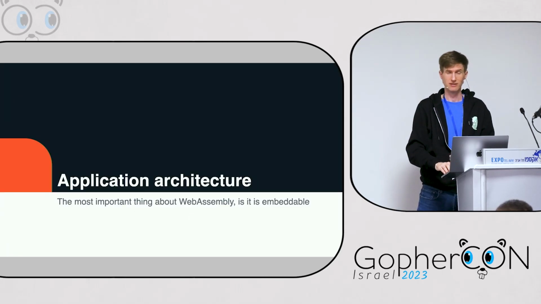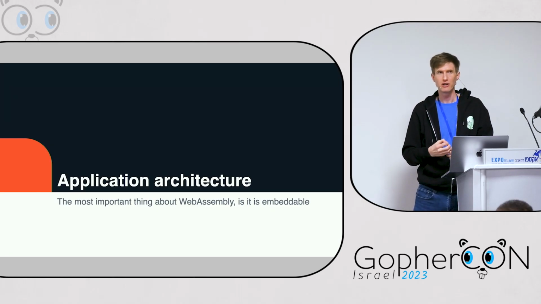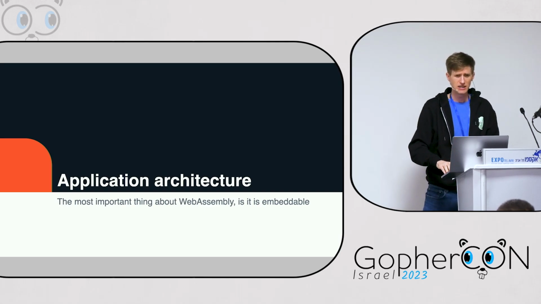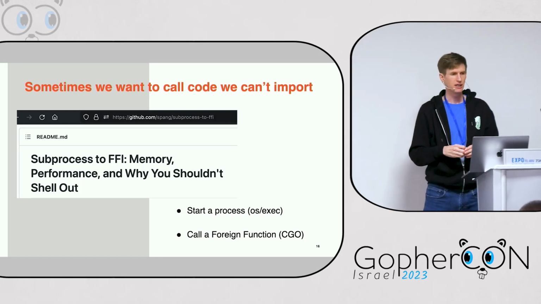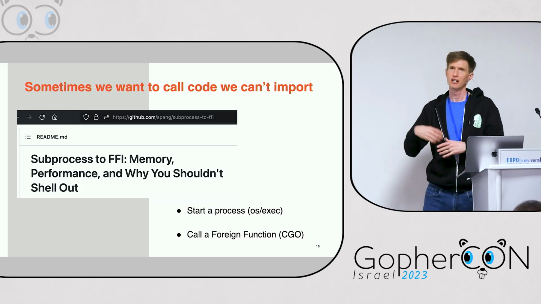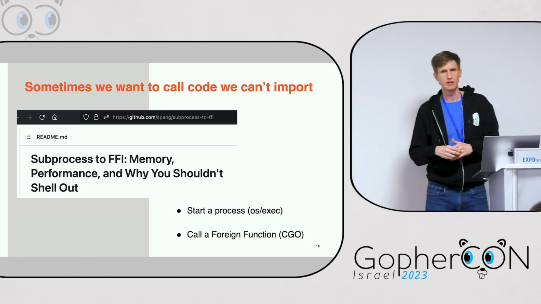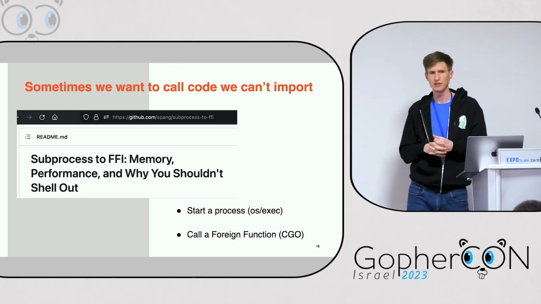Let's move down again. Application architecture. Let's talk a little more about this being embeddable. WebAssembly will first hit a point of relevance to you if you're in the decision process of whether to fork a subprocess or use something like cgo for a foreign function interface.